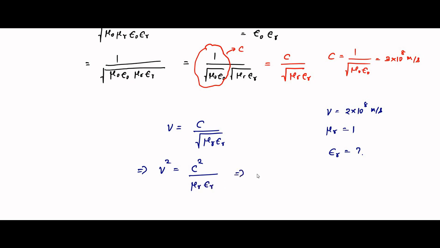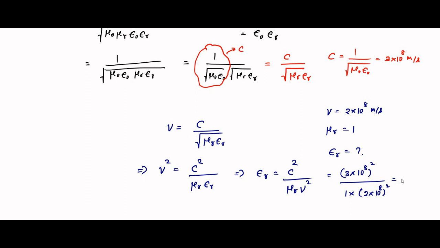That implies epsilon r is equal to c square by mu r V square, which is equal to 3 into 10 to the power 8 whole square by 1 into 2 into 10 to the power 8 whole square.